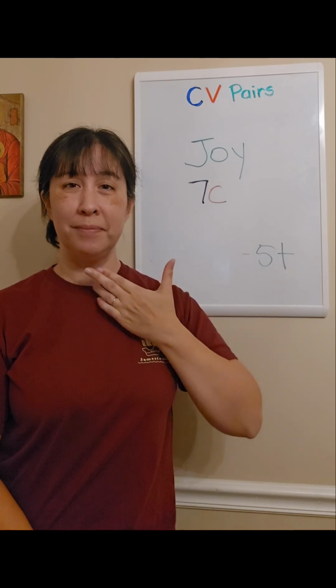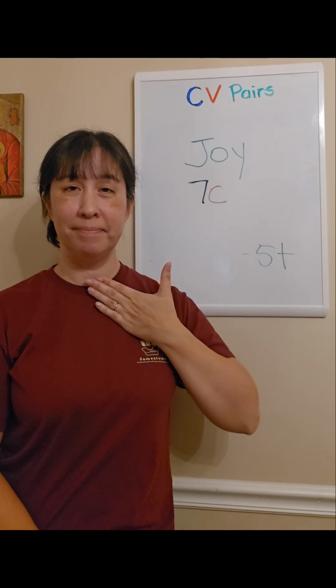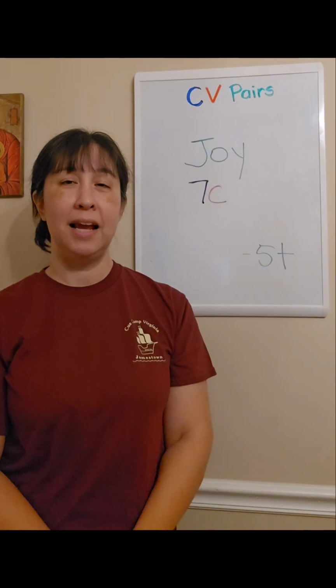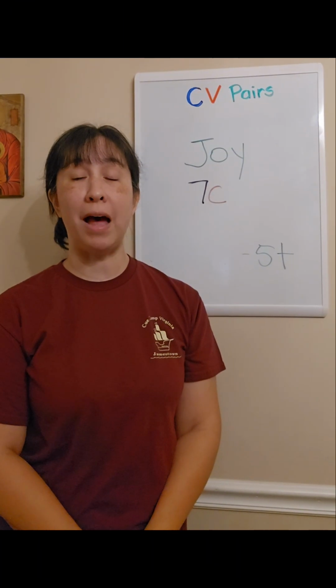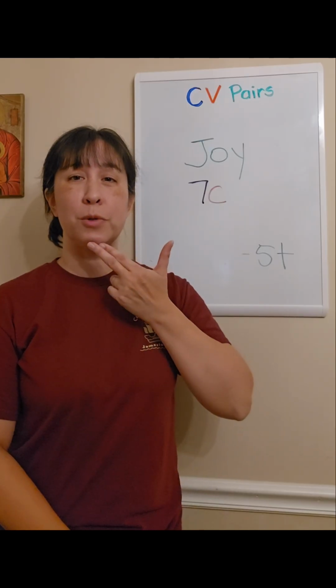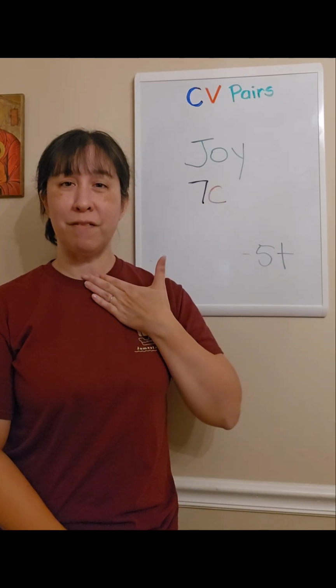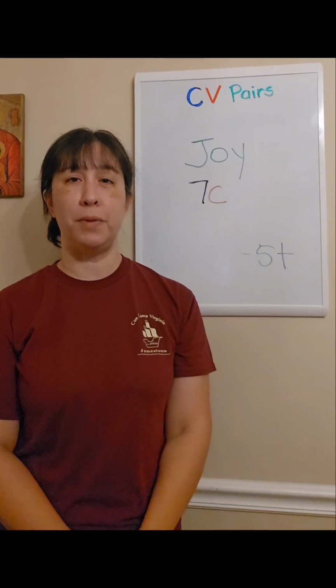Joy. It's as simple as that. All diphthongs start somewhere, but then open to 5 at the throat. So joy always ends at 5 at the throat, and all of the diphthongs will do that too.